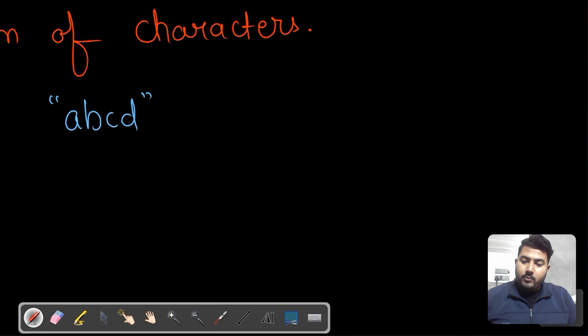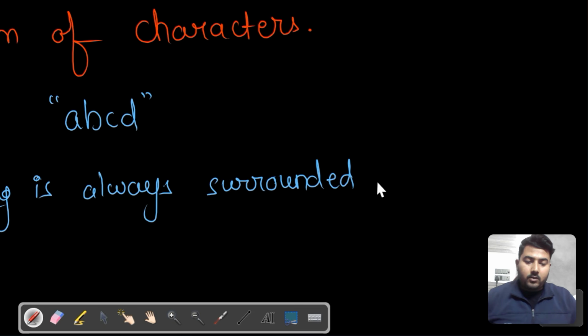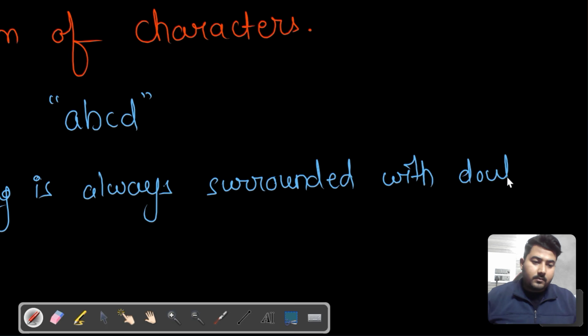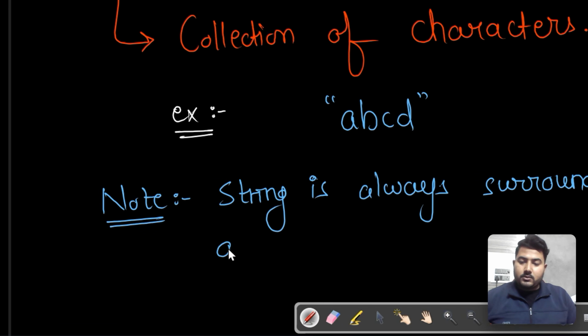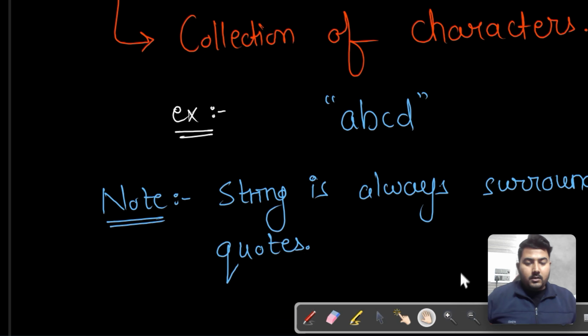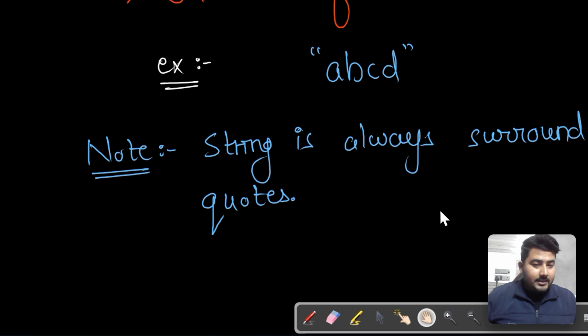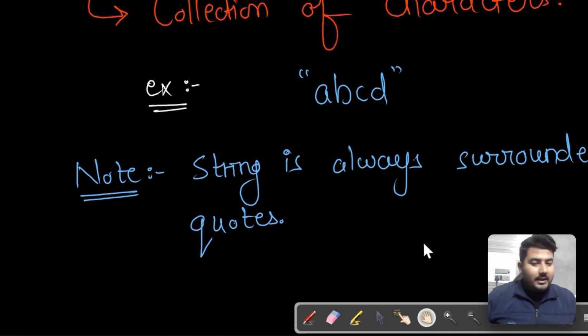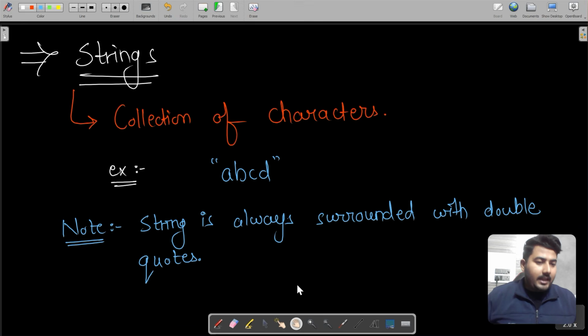This is a very important point to note: a string is always surrounded with double quotes. It does not matter what the length of our string is. If it is surrounded with double quotes, then it is a string.